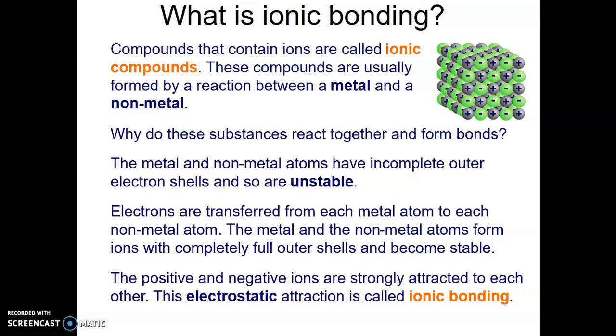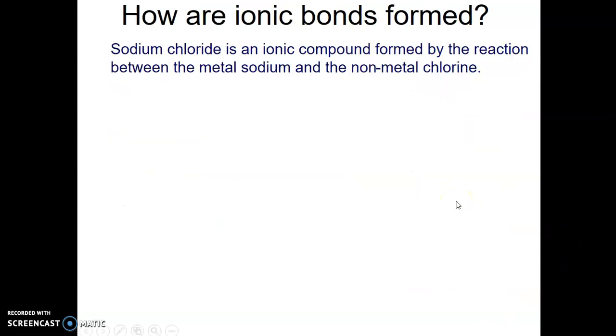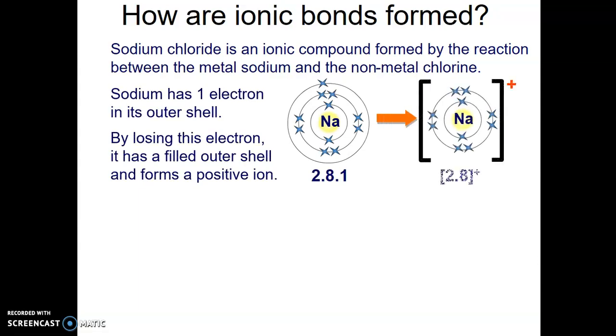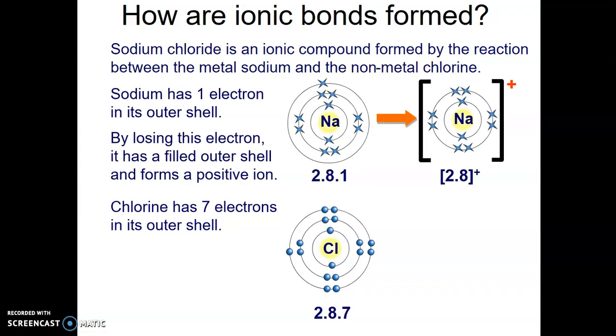So in the case of sodium and chlorine, because the sodium atoms become positive ions and the chlorine atoms become negative ions, they are attracted to each other, and that holds the compound together, that electrostatic attraction between the positives and negatives. Okay. So showing it again, exactly the same idea. Sodium has 1 electron in its outer shell, it loses that and becomes 1 positive.